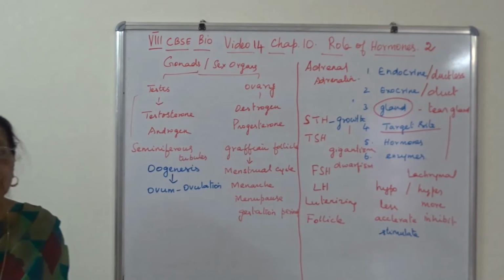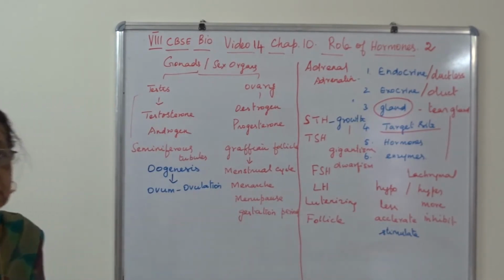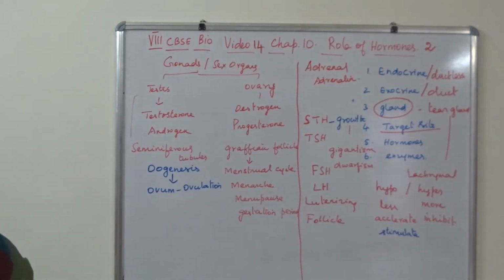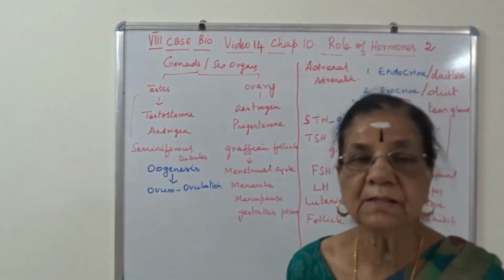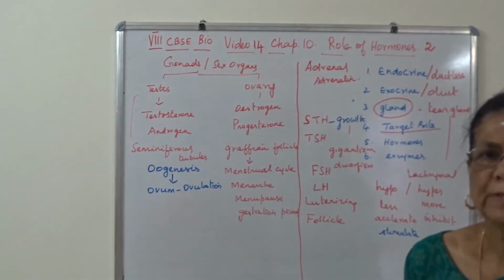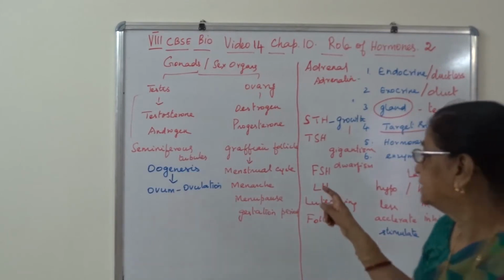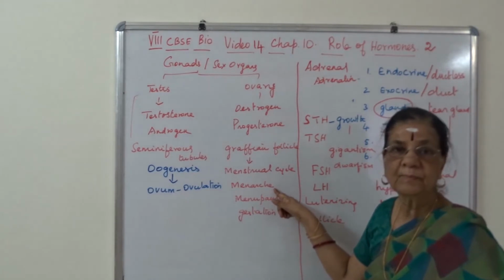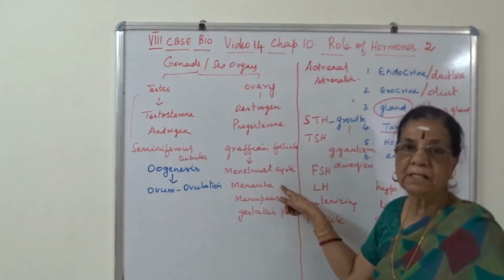Once the ovary releases the ovum by the process of ovulation, we say puberty begins. That is menarche. The start of menstruation is menarche.